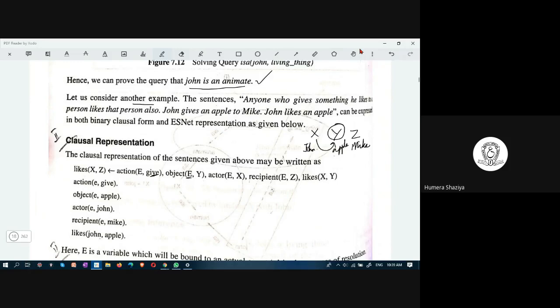Object E is Y. The actor performing the action E is X. The recipient, the one who is receiving the action, means the recipient of action E is Z. And also we say that X likes Y. What is X?